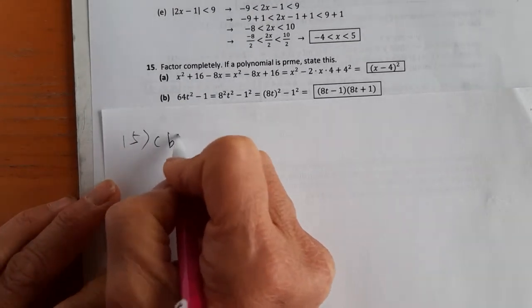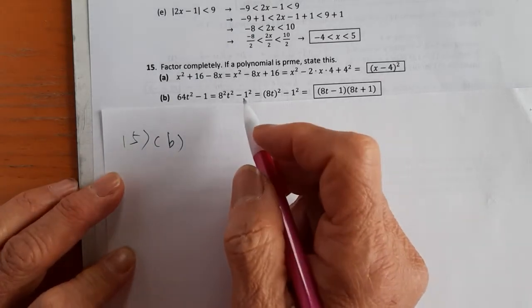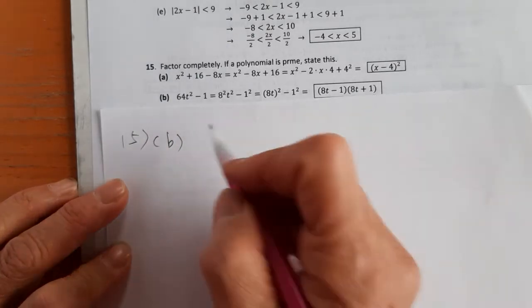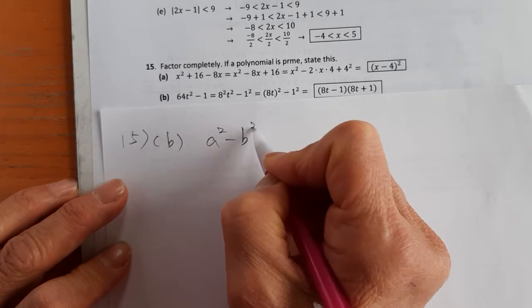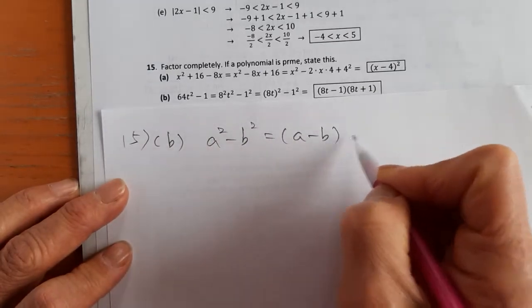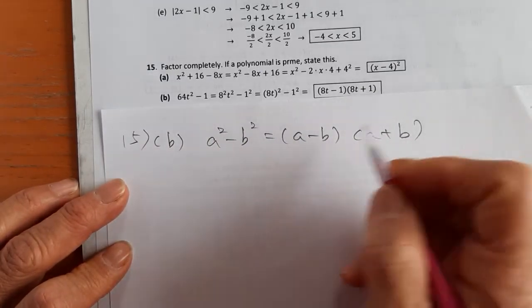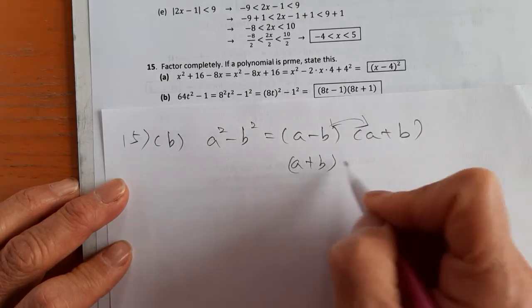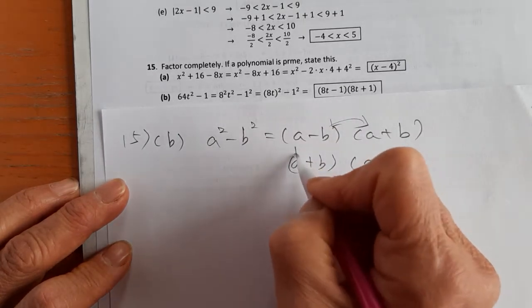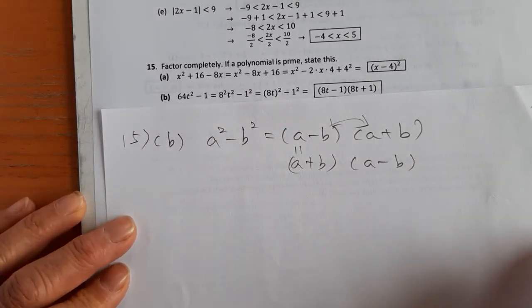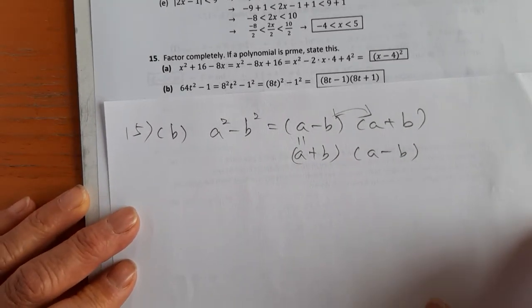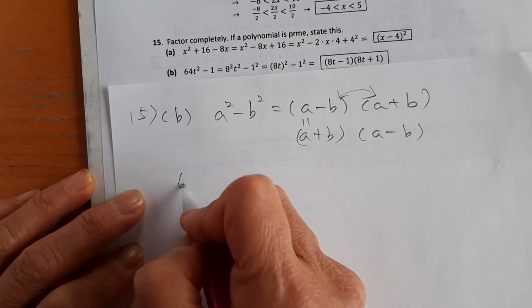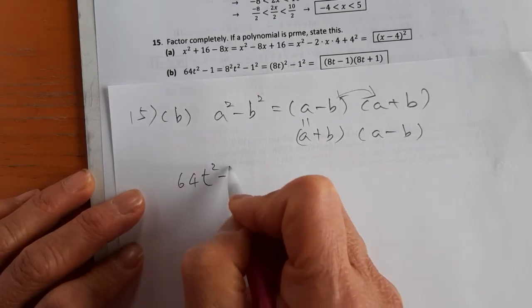15b, and you will use the difference of squares formula, which is a squared minus b squared equals a minus b times a plus b. Now, if you exchange the two, it's okay. You can put a plus b times a minus b. They are equal, by the commutative property. So b is 64t squared minus 1.